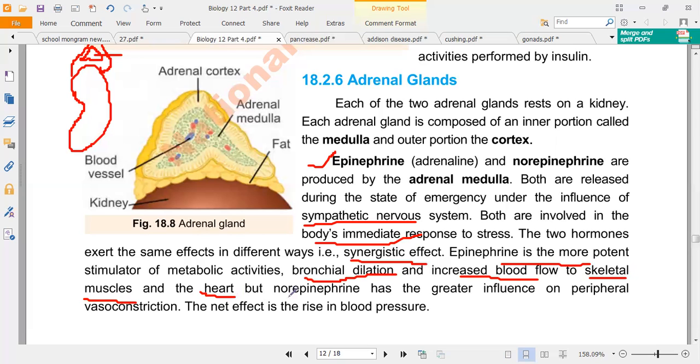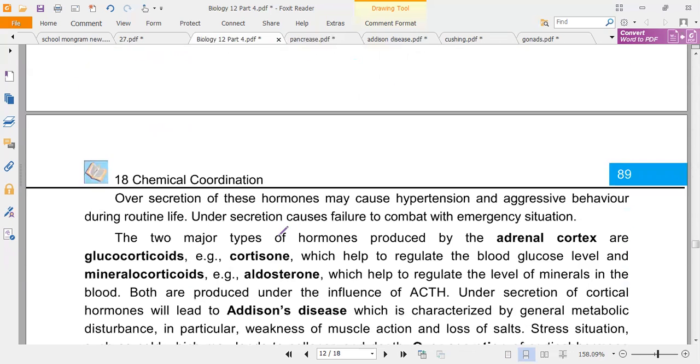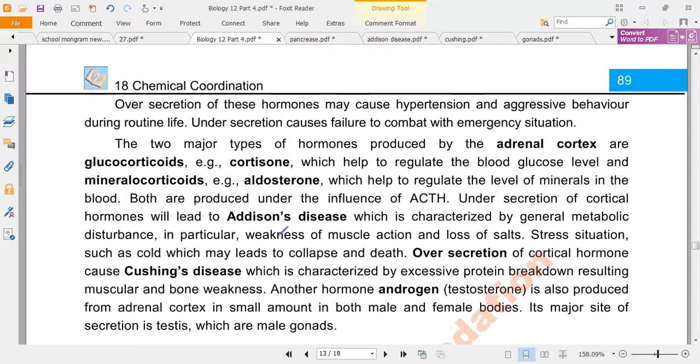Norepinephrine has a greater influence on the peripheral nervous system, causing peripheral vasoconstriction on the skin around the body. When there is vasoconstriction, we feel our body cold and the skin looks yellow. So the net effect is a rise in blood pressure. With increased blood pressure, the ability of all the cells and all the body organs to function increases.